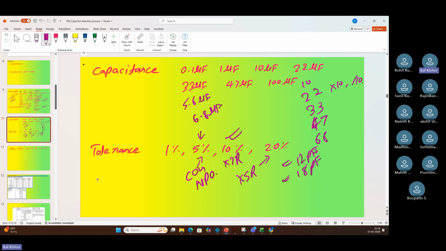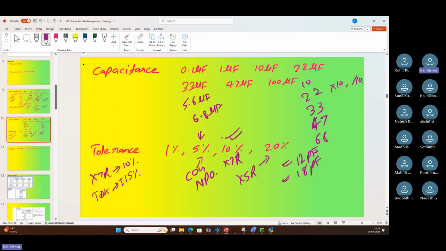Yes. What happens now? Let's say I'll talk about X7R. Most of the manufacturers are giving you 10%, but if you talk about TDK, they are giving X7R in 15% only, plus minus 15. So it's up to the manufacturers, the technology that they are utilizing, and the tolerance of the capacitor that they are producing.